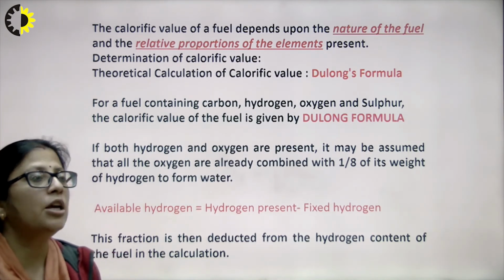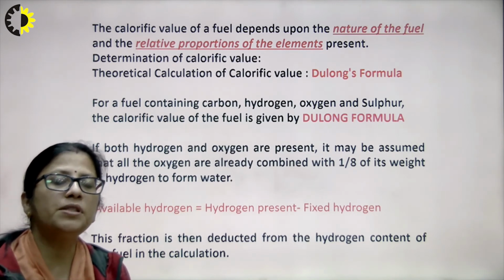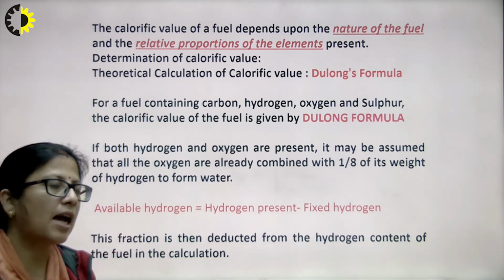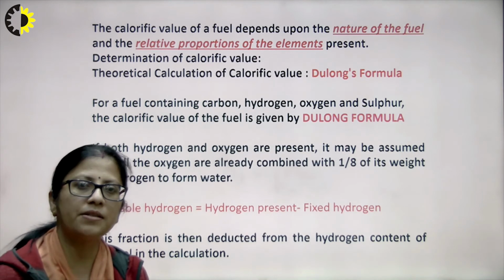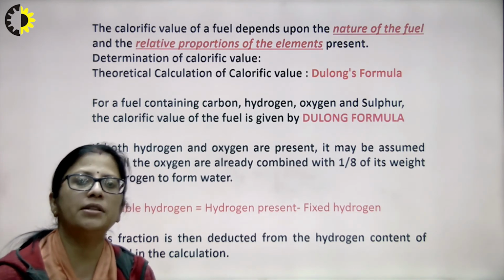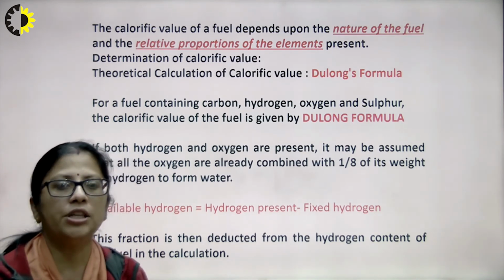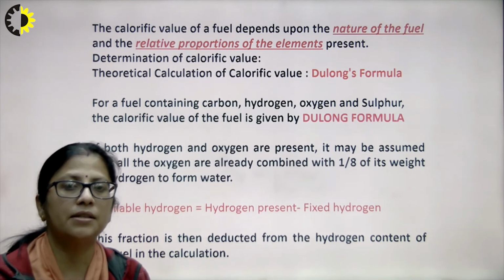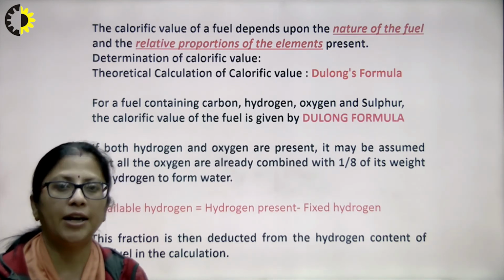For example, generally I have said that fuels all contain carbon. If there is carbon, hydrogen is also going to be present, and if oxygen is also present in the fuel, then this oxygen is going to be present in a combined form with the hydrogen.